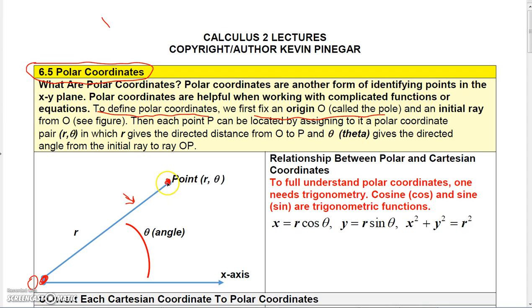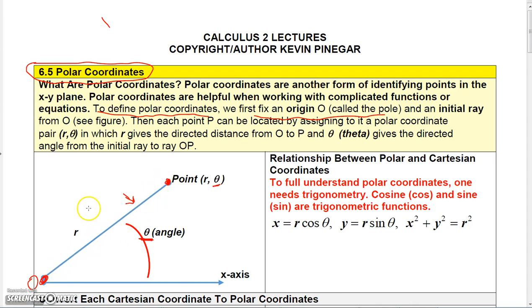One, if you take the angle that this ray extends from the x-axis, that gives us one of the characteristics of the point, theta. And then the other characteristic would be r, and r is just the length of this ray here.